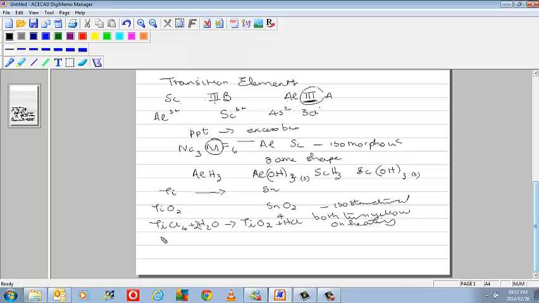And in like manner, tin 4 chloride, hydrolyzing, in other words reacting in water, will form the oxide, the tin 4 oxide, and hydrochloric acid as well. So they behave in very, very similar manner.